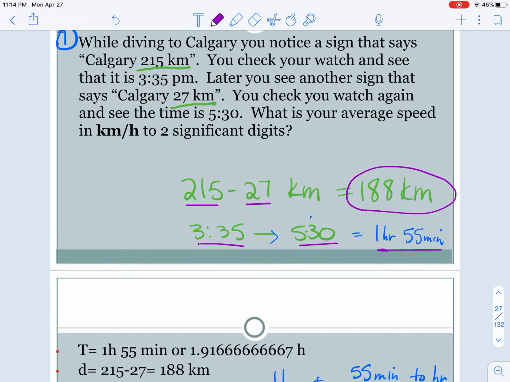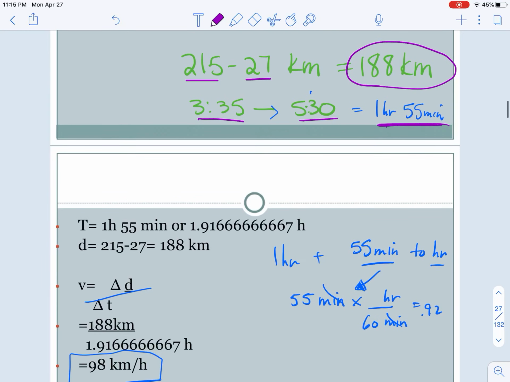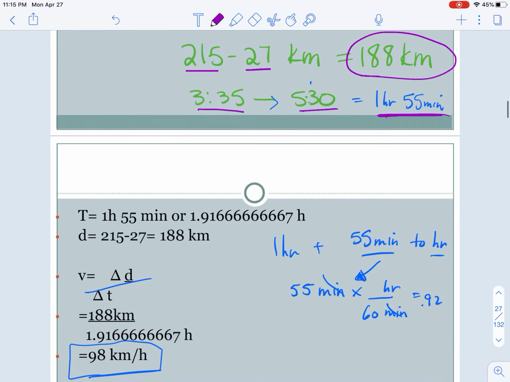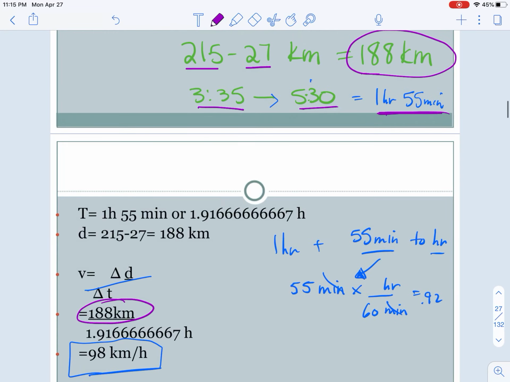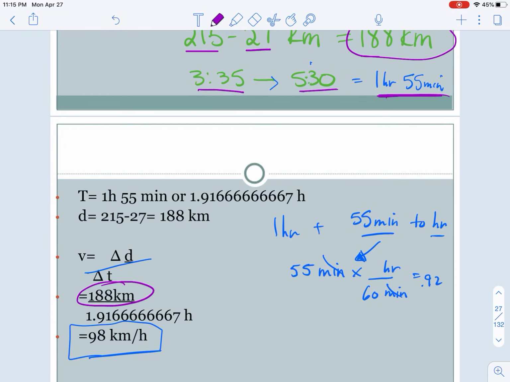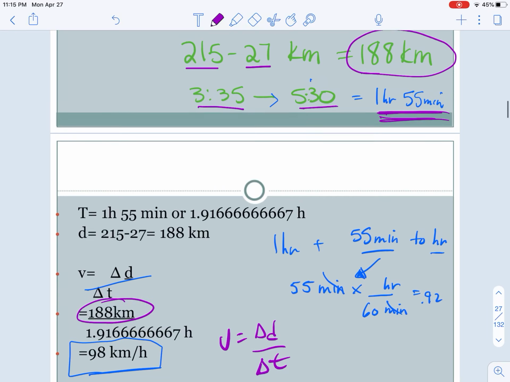You covered a distance of 188 kilometers between 3:35 and 5:30, which is an hour and 55 minutes. So what we're looking at is the change in distance, which is the 188 kilometers, 215 minus 27. And then you're looking at the change in time, because velocity is change in distance over change in time. And the change in time was 1 hour and 55 minutes.